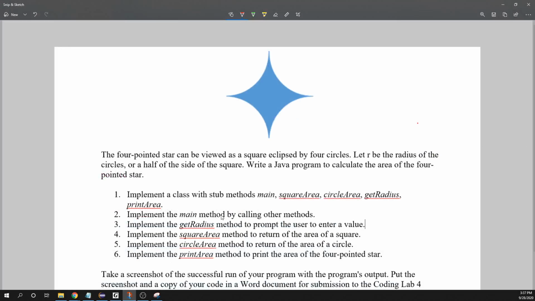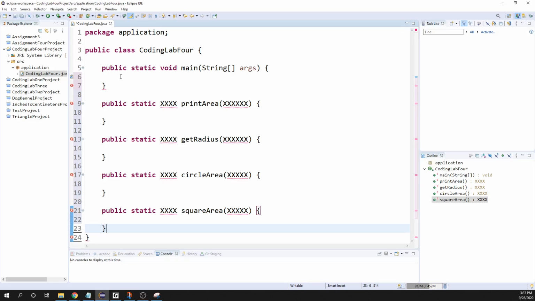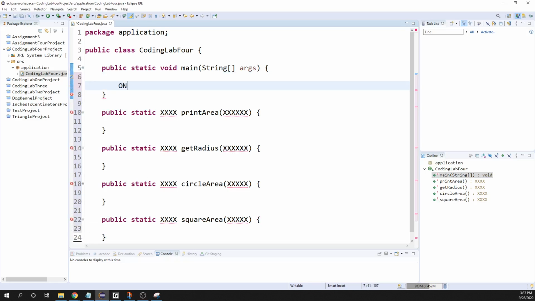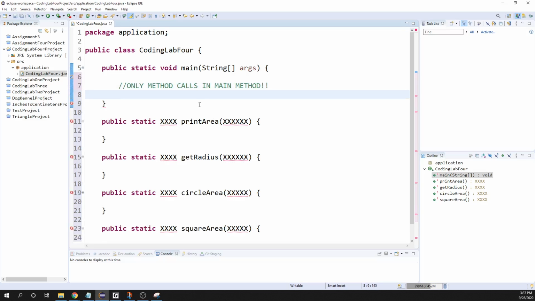Next it says implement the main method by calling other methods. So that means that in the main method, you should only have method calls in here. No other statements in there. I will take off points if you have other statements in there. So basically the only things that are in here are method calls to these other methods.